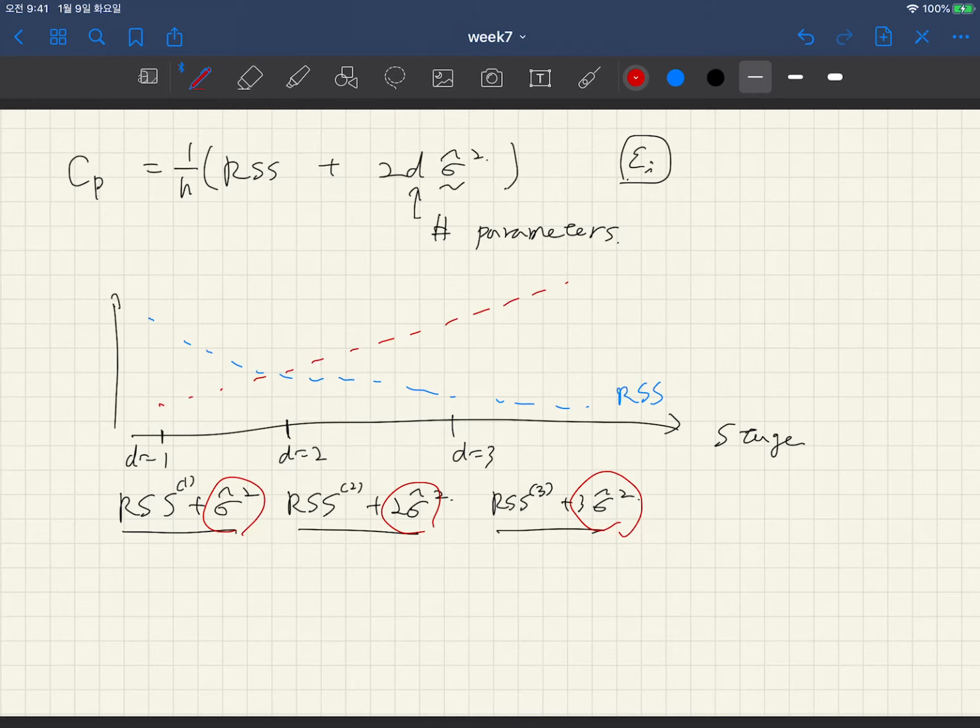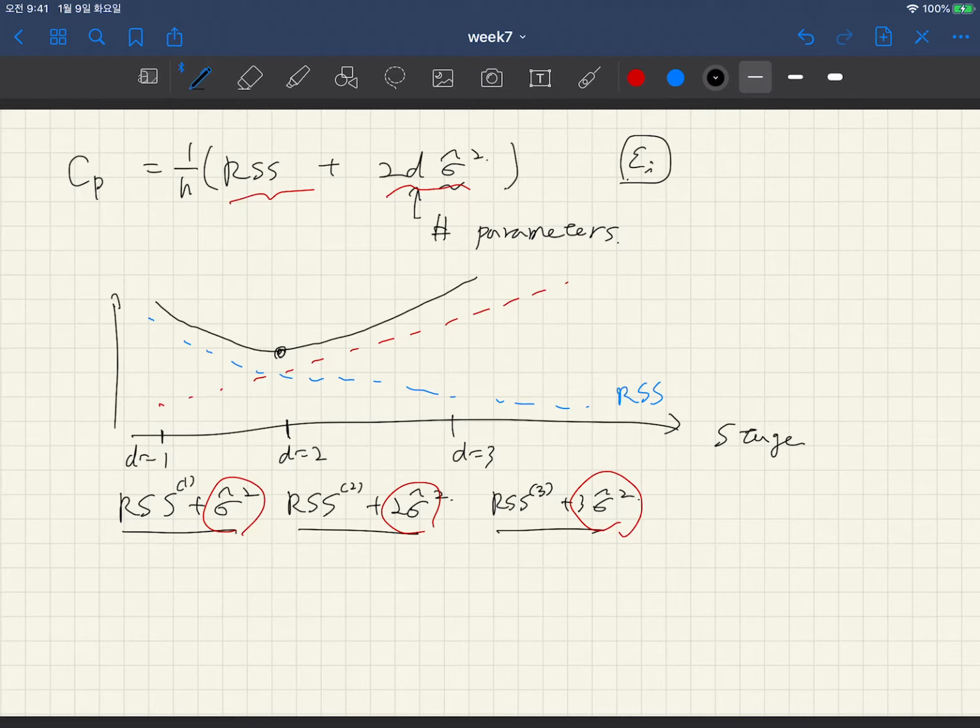So the summation, RSS plus 2d times sigma hat squared, will make a U-shaped curve. And then from the U-shaped curve, you can find the best subset size.